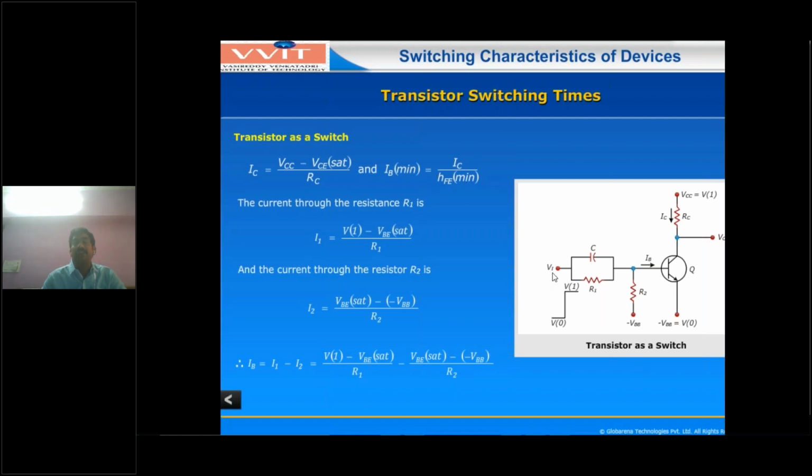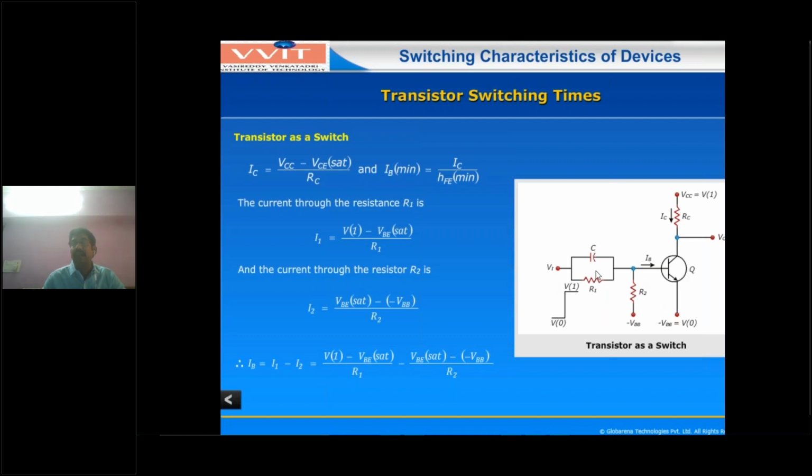Now I am assuming the R1 resistor current is I1. So I1 equals V1, the input step voltage, minus VB, divided by R1. Assuming the R2 current is I2, I2 equals VB minus of minus VBB, divided by R2. Now how much base current is flowing?